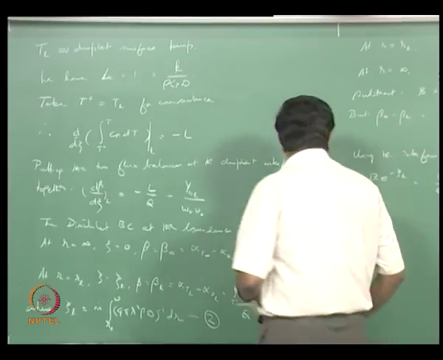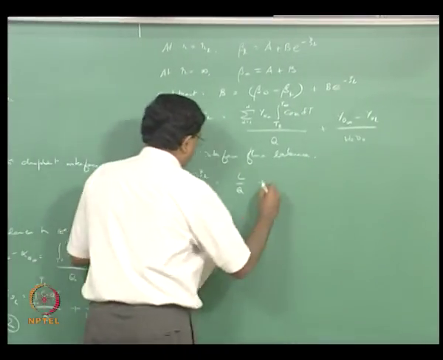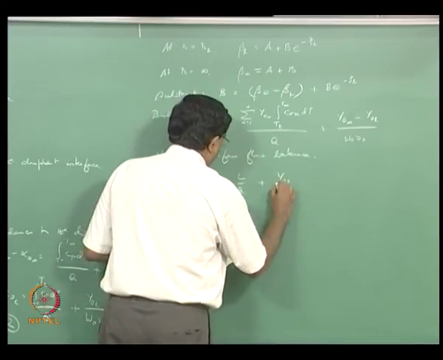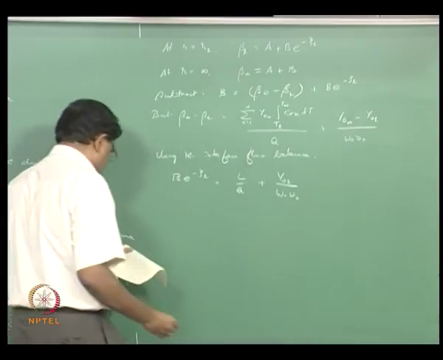So we now have this as L over Q divided by to plus YOL divided by WO nu O.